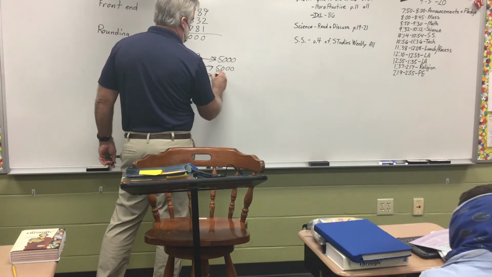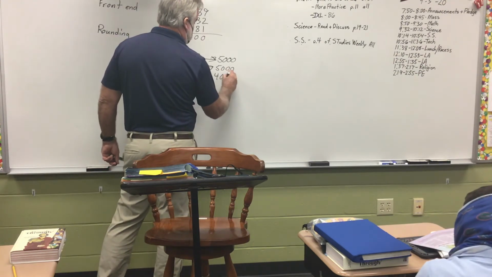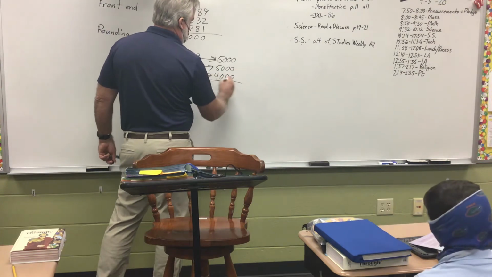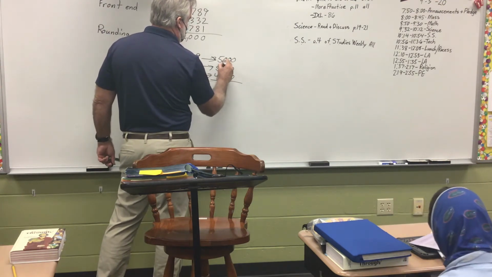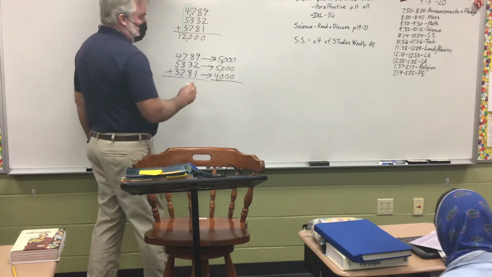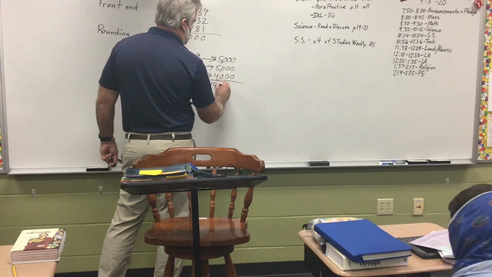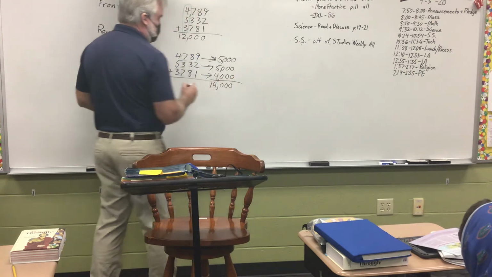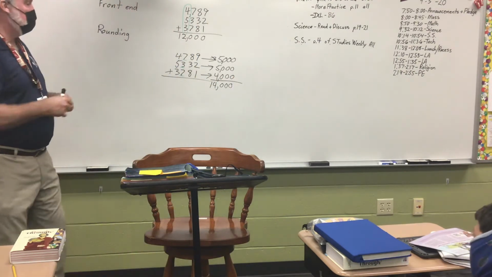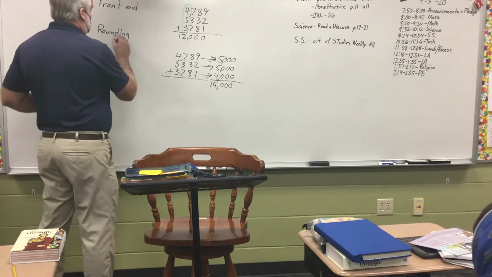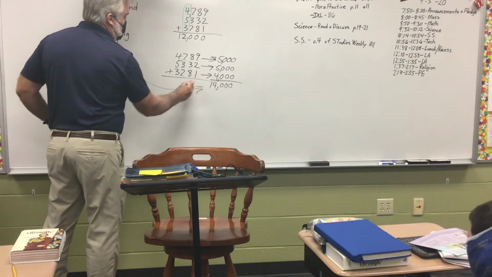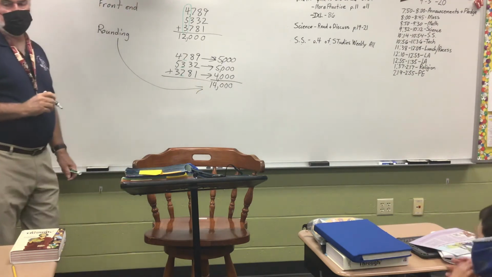So we are going to round that up to 4,000. Now when I add those, 5 and 5 is 10, plus 4, 14,000. So the estimate from rounding is 14,000.